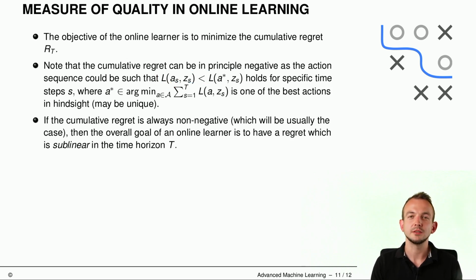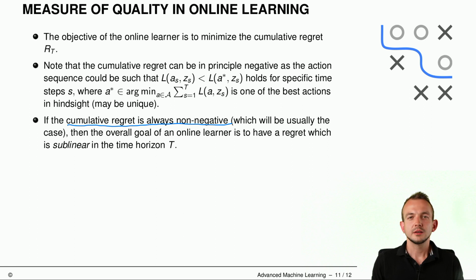So in the typical scenarios we will consider, we won't have the case that this is happening too often, and the best action in hindsight is already doing quite a good job, in the sense that one fixed action would have been already a good idea to choose throughout the time. This will be reflected by the fact that the cumulative regret will be non-negative, usually.